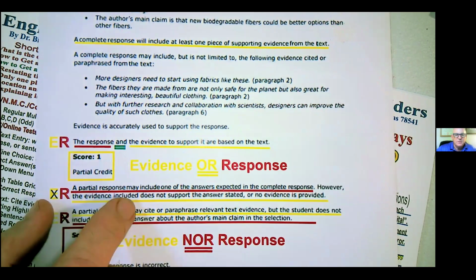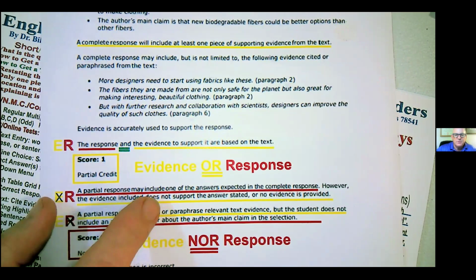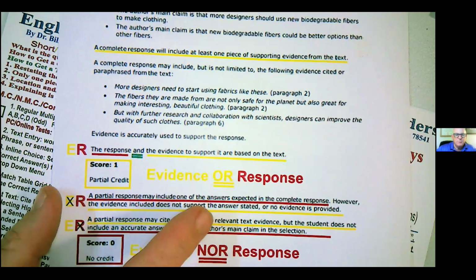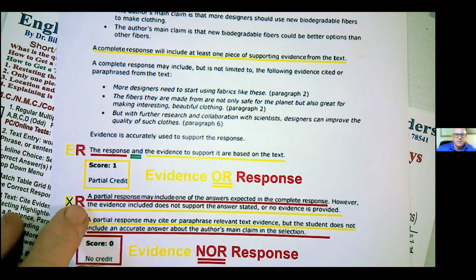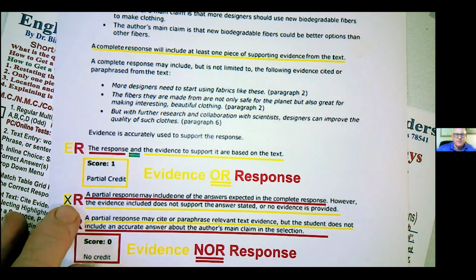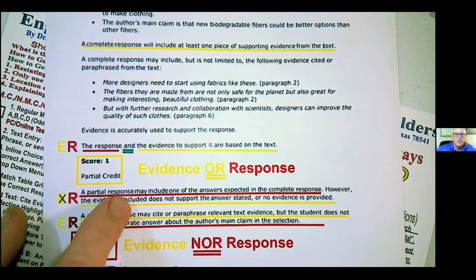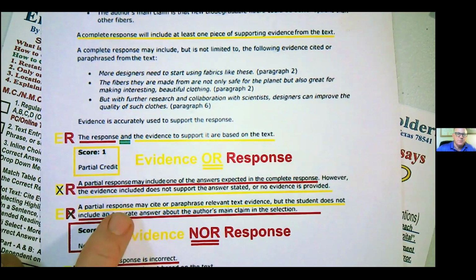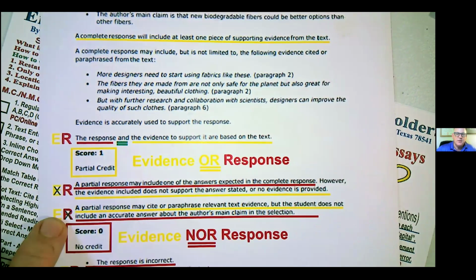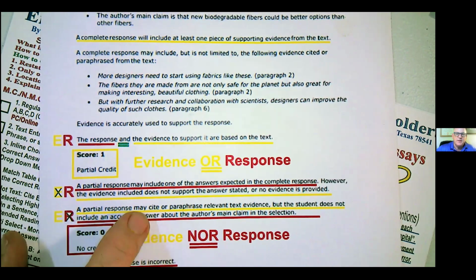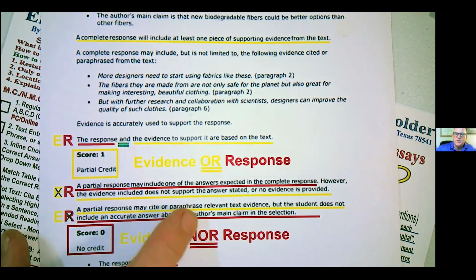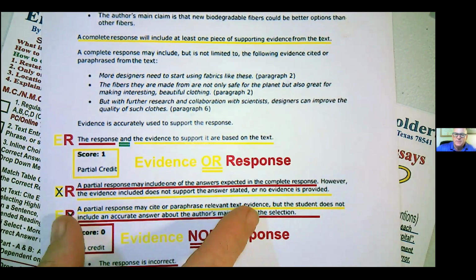However, the evidence included does not support the answer stated or no evidence is provided. So the response is there, but no evidence. It says you can get a 1. Opposite. The evidence is there, but the response is not. A partial response may cite or paraphrase relevant text evidence.